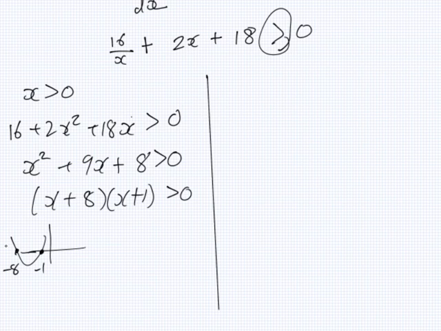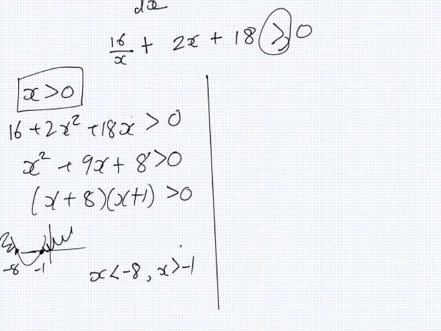And it's bigger than 0, so that's here and here. So x should be smaller than minus 8 or bigger than minus 1. But we must remember at the very beginning I said x is bigger than 0. So what do we get from this now?